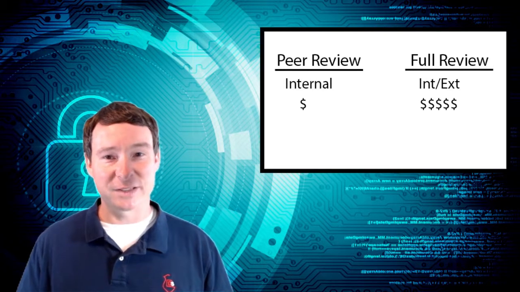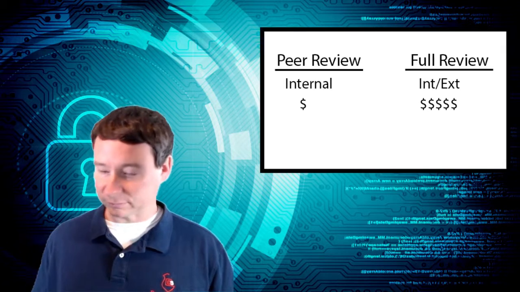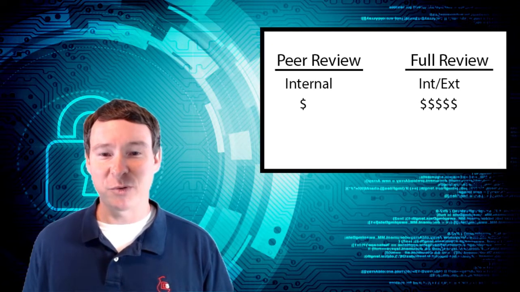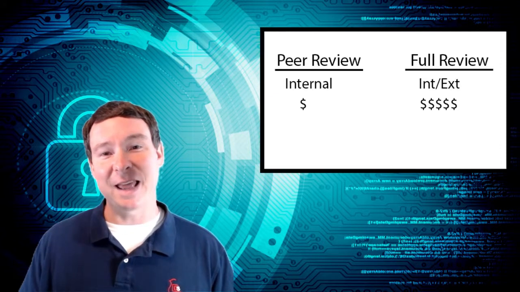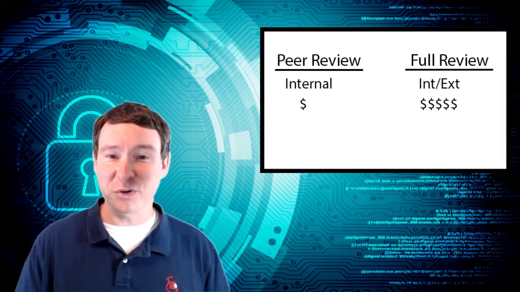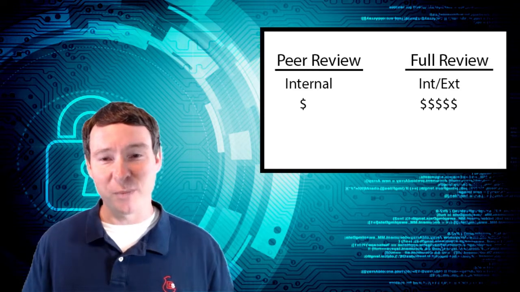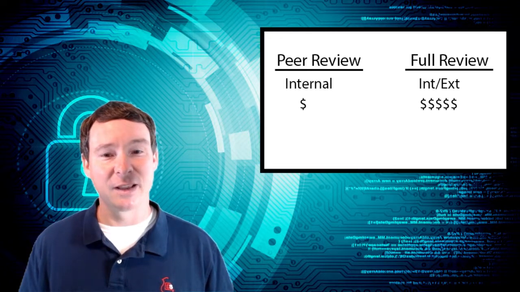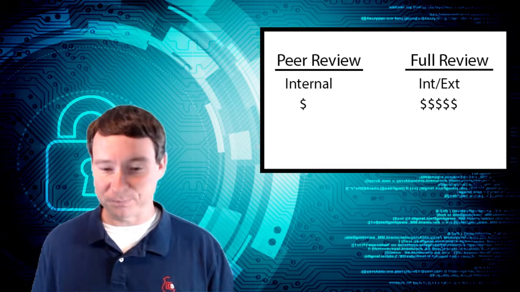It's on smaller code bases, so it's a lot cheaper. When you look at a full review, now we start getting into much more expensive because we're sending that out to another organization most likely, or we've got internal resources that we're paying an exorbitant amount to have the specialty to perform these reviews.